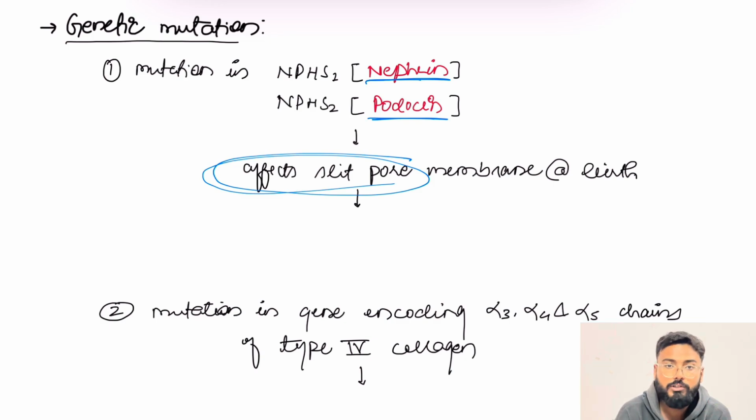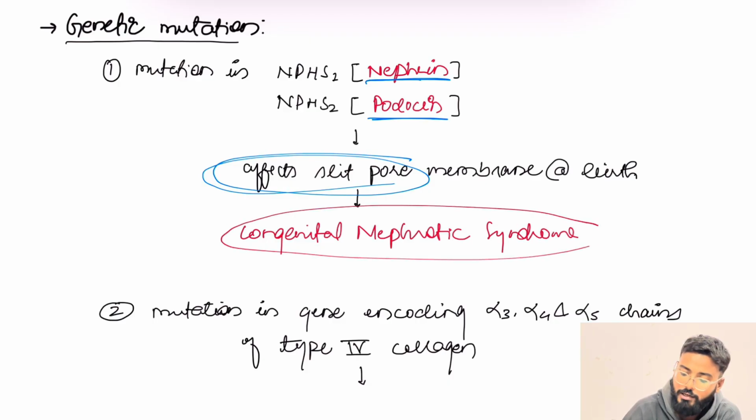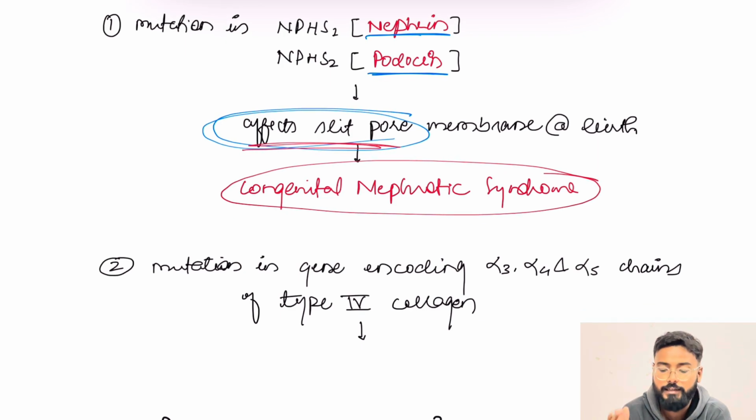So these pores are going to get affected, which in turn is going to lead to congenital nephrotic syndrome when the defect is in NPHS1 and NPHS2 genes, which code for nephrin and podocin respectively. These are affected from birth, which in turn leads to congenital nephrotic syndrome.